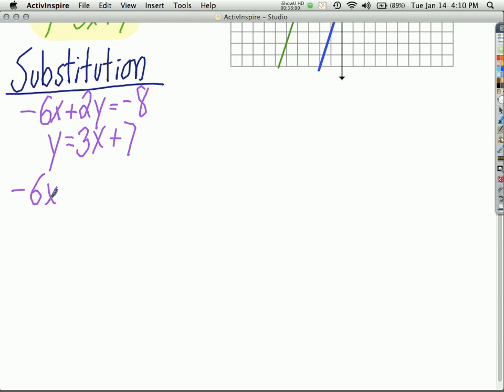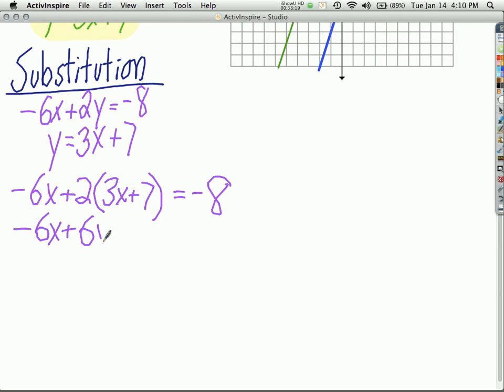Negative 6x plus 2 times this expression equals negative 8. So we put the 3x plus 7 right here, and now solve. And you should pretty quickly see something.